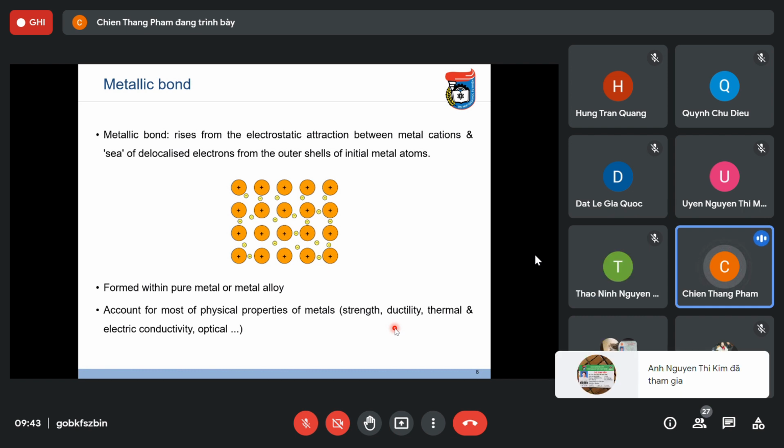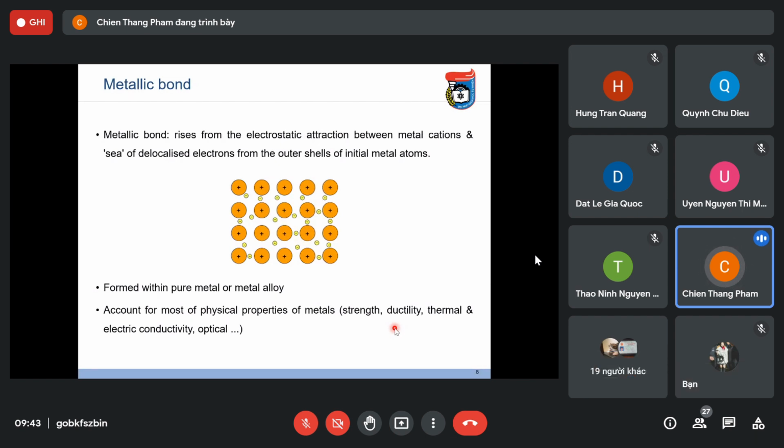However, here we consider only a very simple one. You can see from the picture that in the metal lattice, there are not neutral atoms. Here you can observe metallic cations, and also electrons.